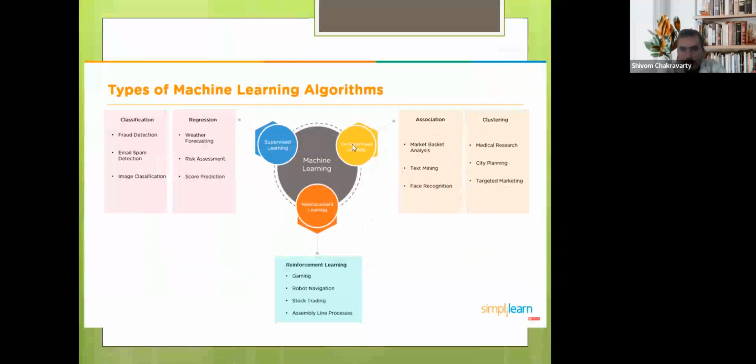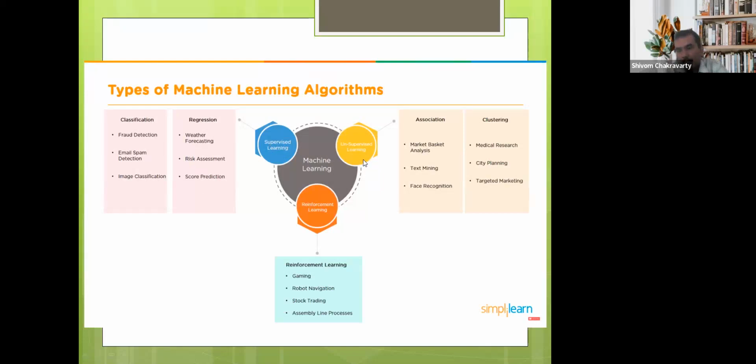Supervised means we are training the model. While training in supervised learning, we are giving the output also, as an example. We are of course giving the input in all the types of learning, but in supervised, we are also giving the output. If this is the input, this should be the output. If this is the input, this should be the output. So when we do it like that, we call it supervised learning.